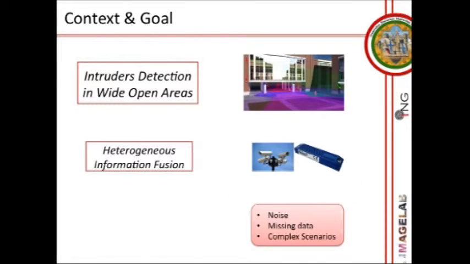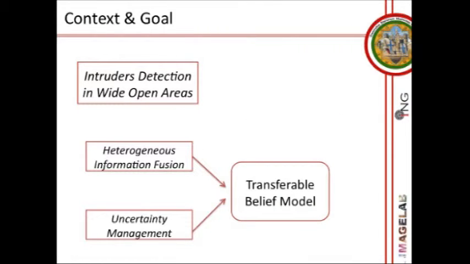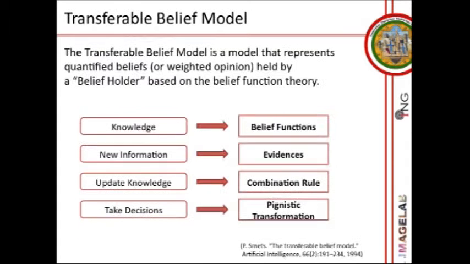We also have noise, missing data, and complex scenarios, so we need a tool to manage the uncertainty of this data. We found that a good tool to manage heterogeneous data and uncertainty is the transferable belief model. This model is based on the belief function theory, and it represents the quantified beliefs held by a belief holder.